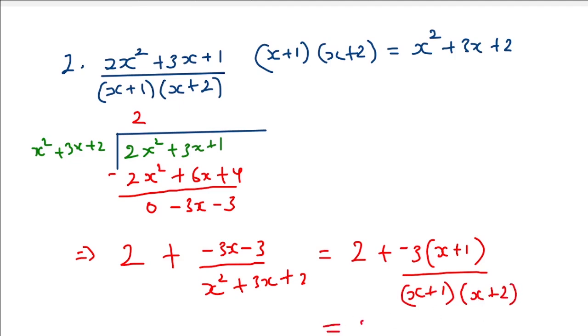And this would give me 2 plus minus 3 over x plus 2. So it means we've gotten a shortcut, and our answer in terms of partial fractions would be 2 minus 3 over x plus 2.